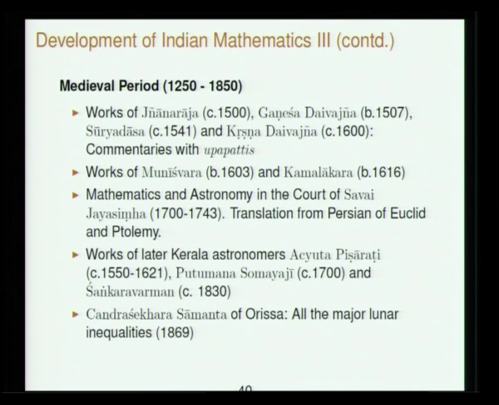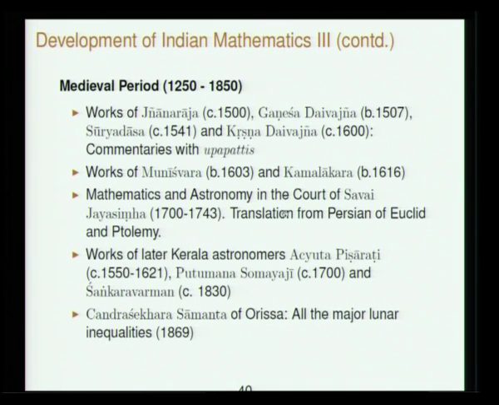Mathematics continued in Maharashtra and Kashi with scholars such as Gyanaraja, Ganesha Daivagnya, Suryadasa. They wrote proofs of Bhaskara's results. Trigonometrical results were discovered by Munishwara and Kamalakara. Savai Jaisimha in Jaipur built five observatories which were very important at that time to correct the older astronomical calculations.